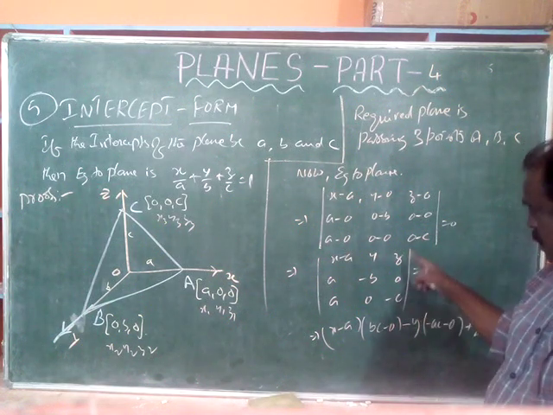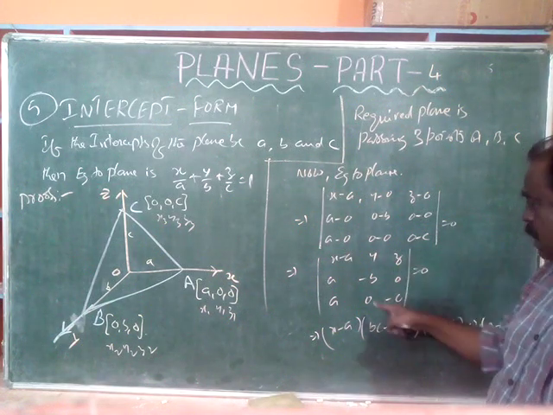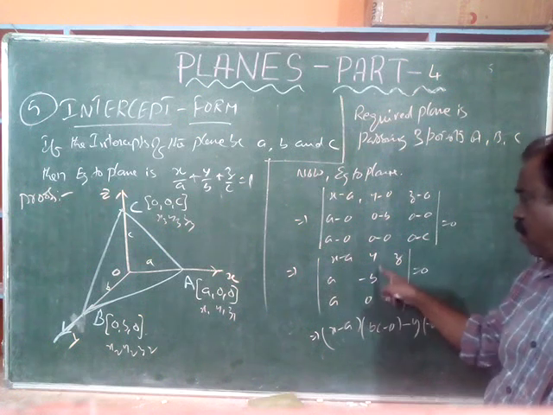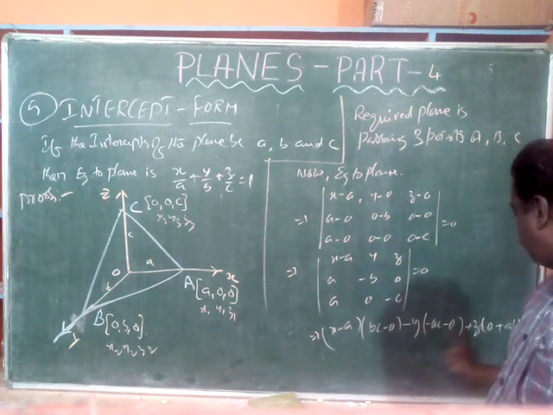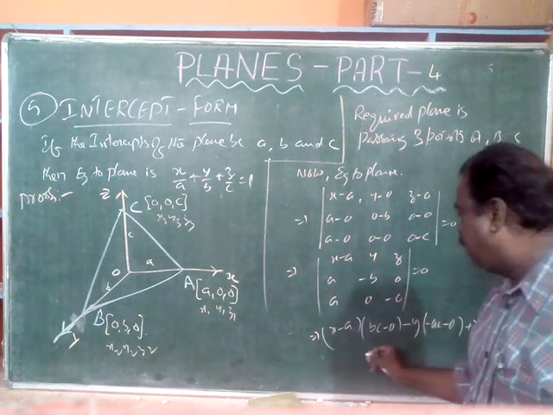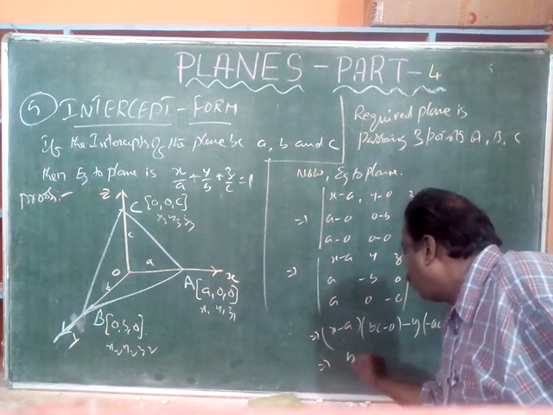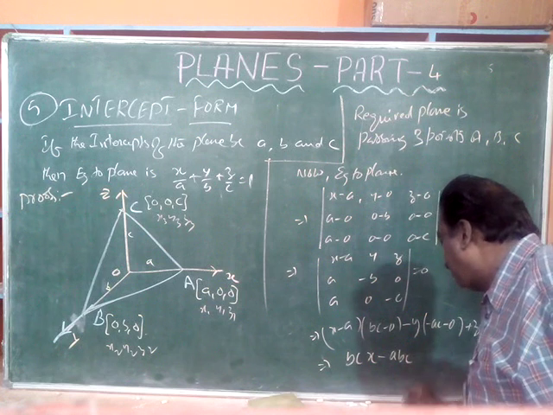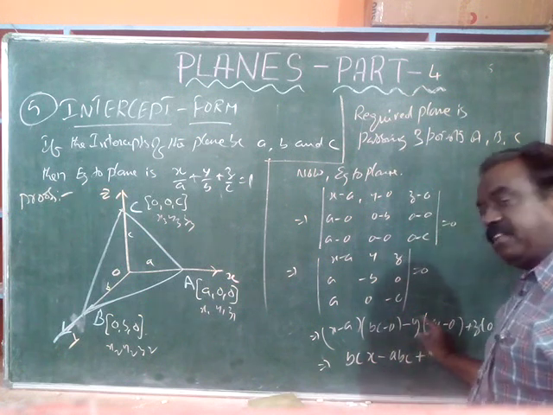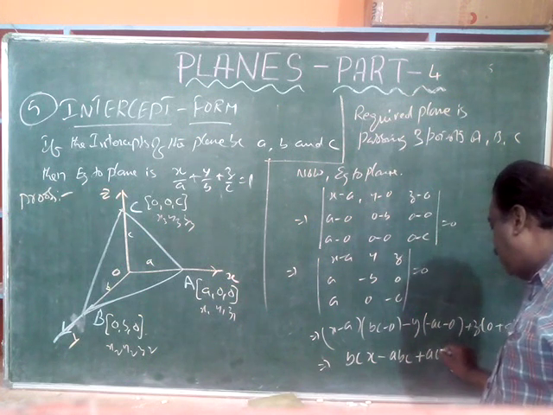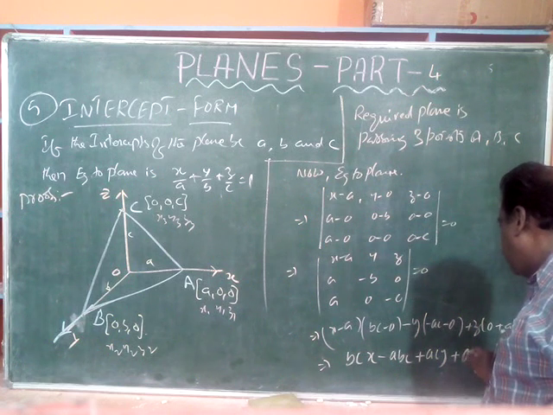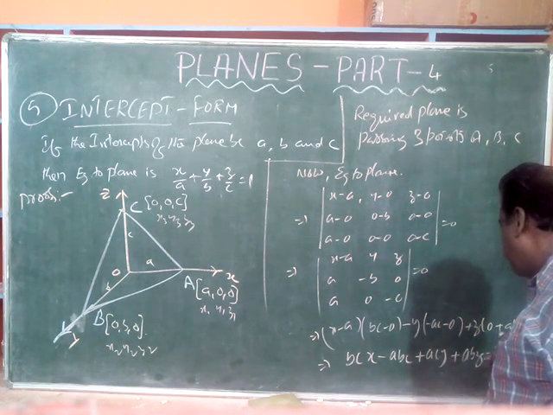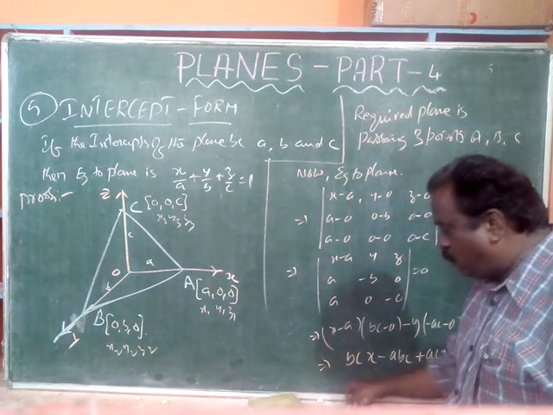If you delete the z row and column, it is 0 minus of minus... Okay, now it is clear. So it is bcx minus abc plus acy plus abz, that is equal to 0.